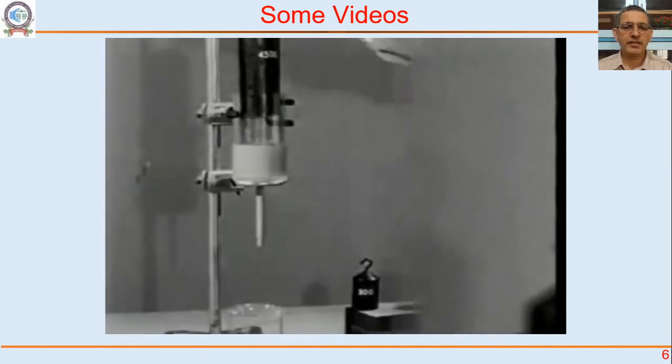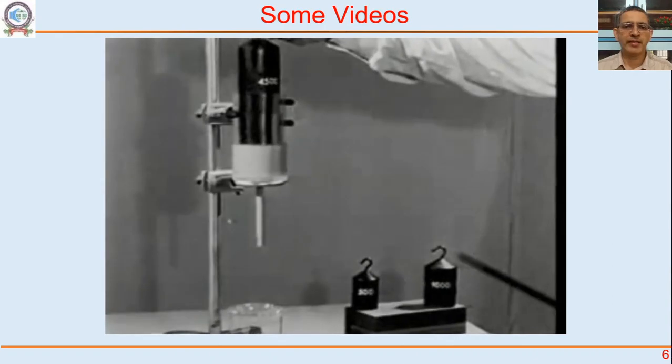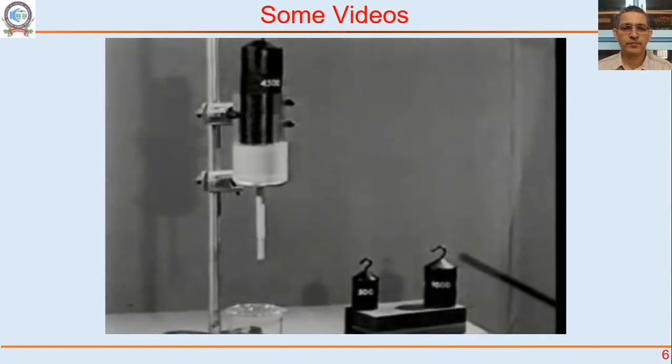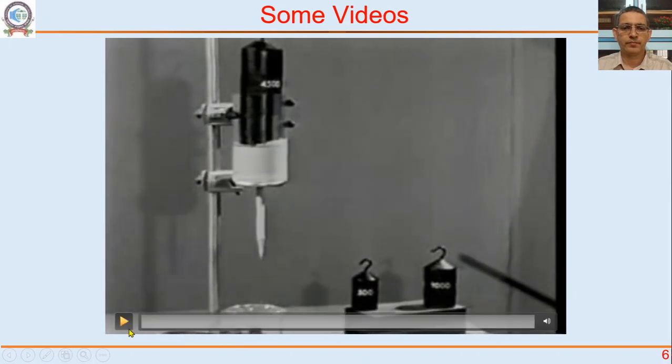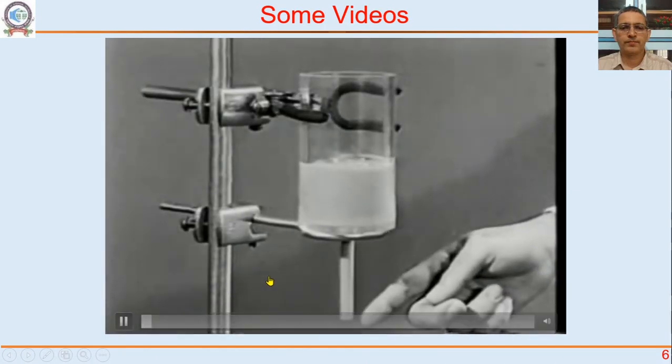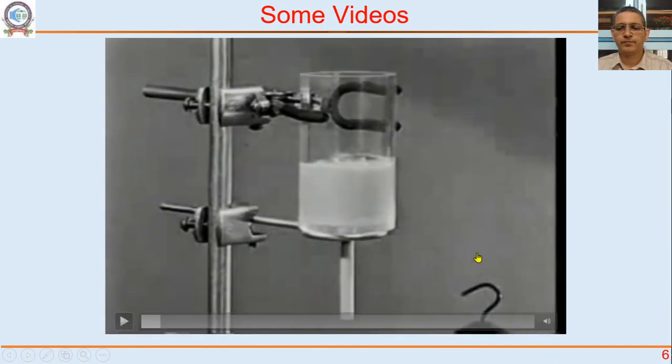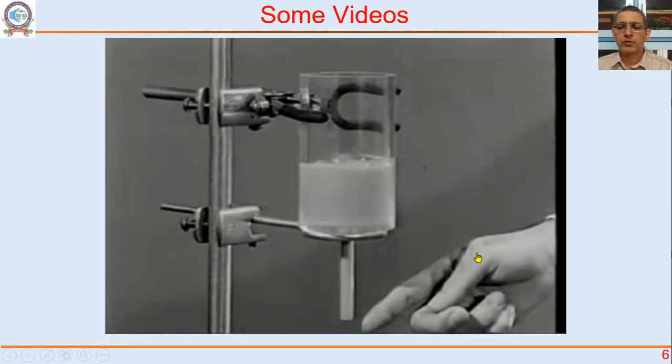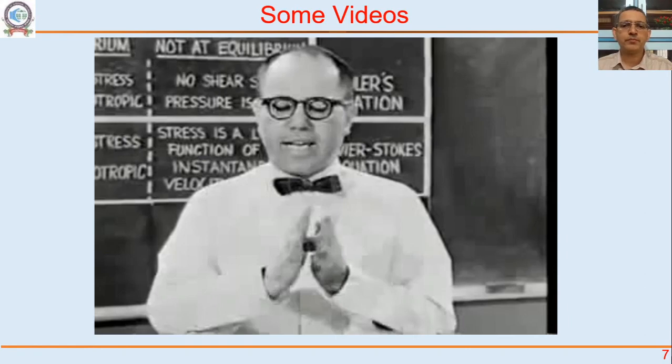So beyond a certain weight only it flows, beyond a certain stress. Let's go forward. So what it means is that the Bingham plastic fluid, unless I overcome the yield stress, it does not flow. This video is showing you the meaning of yield stress.